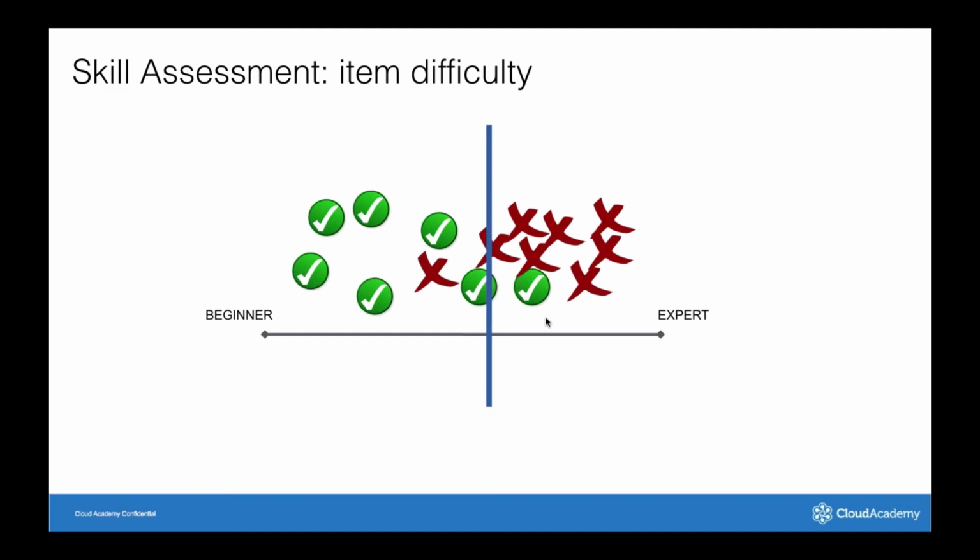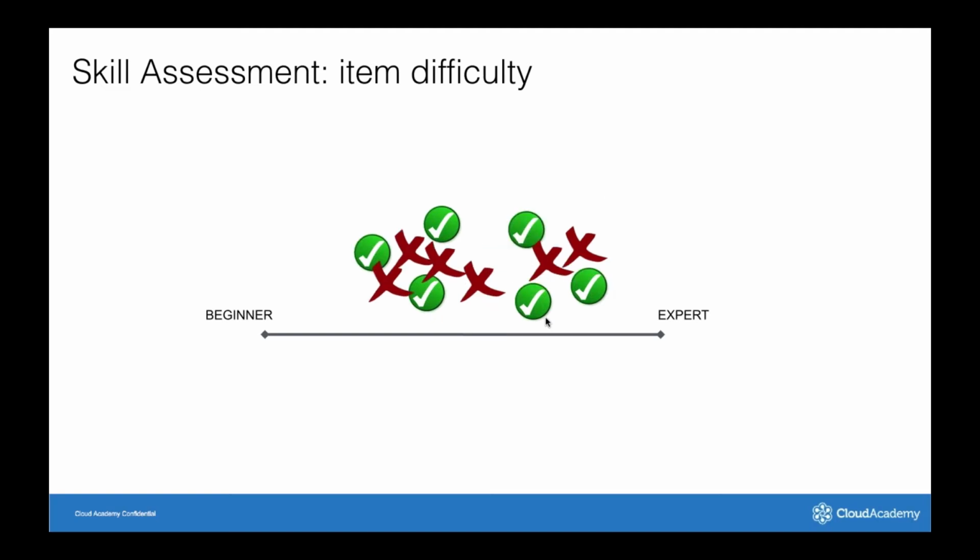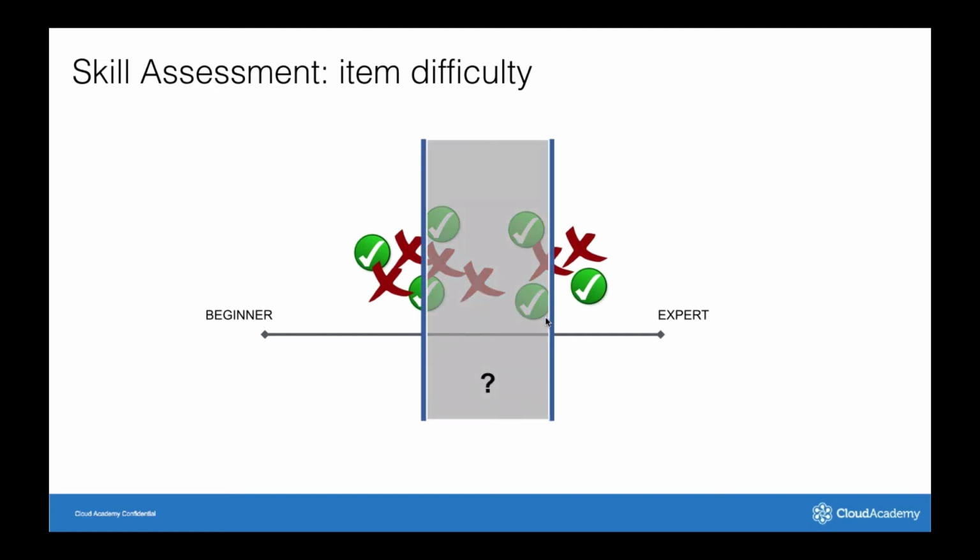Of course, this is not as simple as in this example, because in most cases, the situation is this one: you answer correctly questions that were easy, and the same for questions that were very advanced. In this case, we probably cannot set a precise threshold for you, so we cannot say your exact score given these questions.